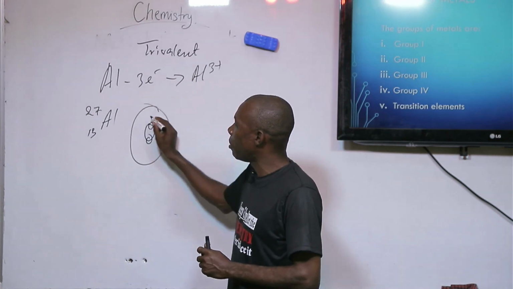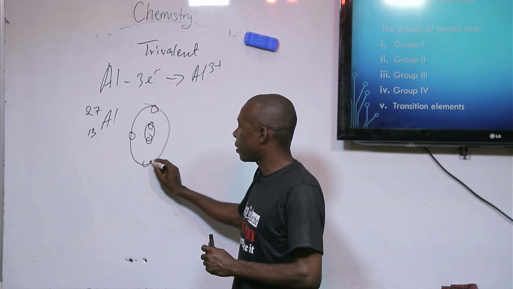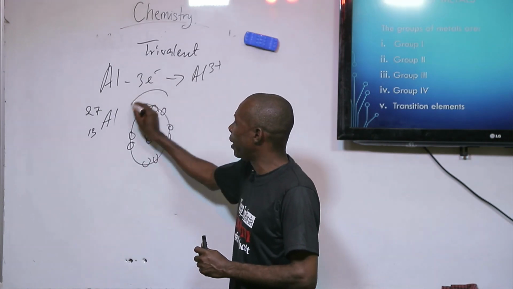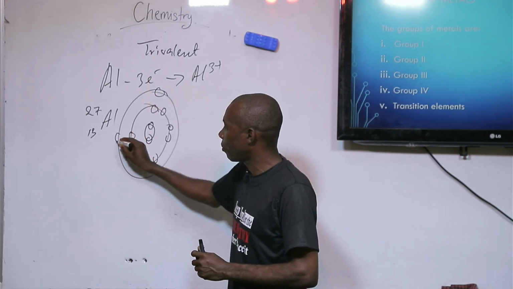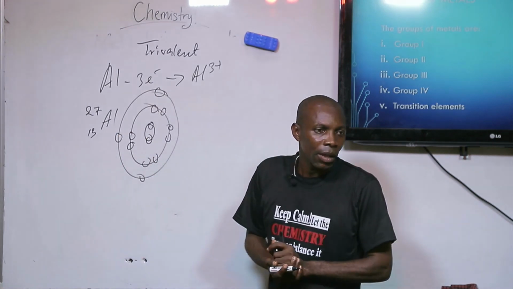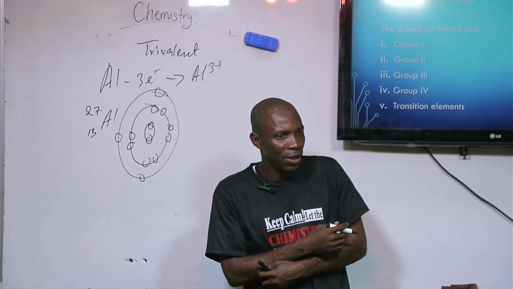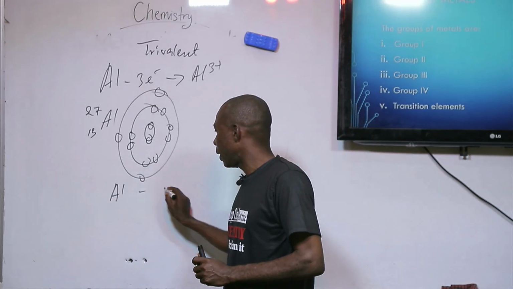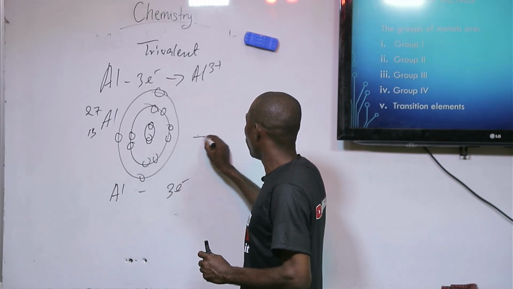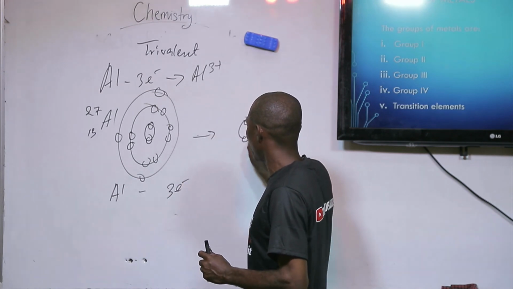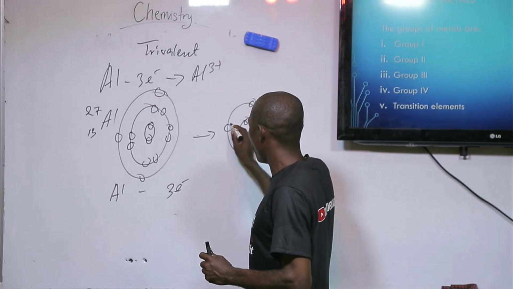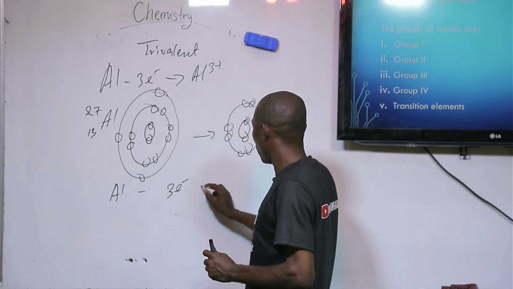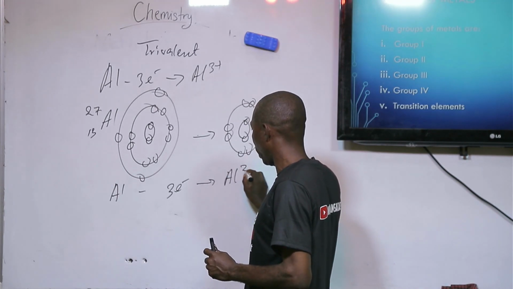The L shell will take how many? 8. Making it how many? 10. How many will now remain? 3. What is the valency of aluminium? And that valency, it can now lose 3 electrons to give us this, which is Al3 plus.